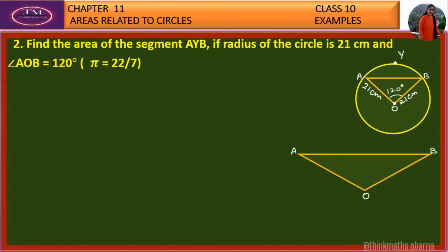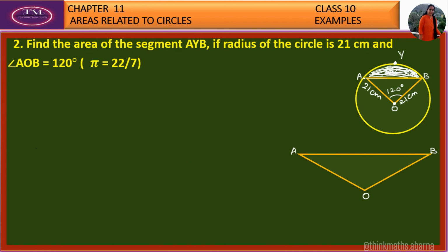We have to find out the area of the segment, this portion. AB is the chord and arc. Between them we have the area of the segment. So the area of the segment is nothing but the minor segment AYB. How will we find the area of the segment?